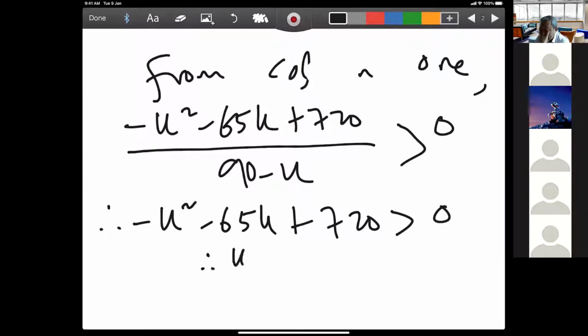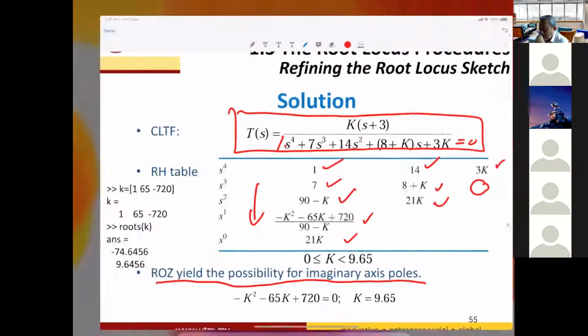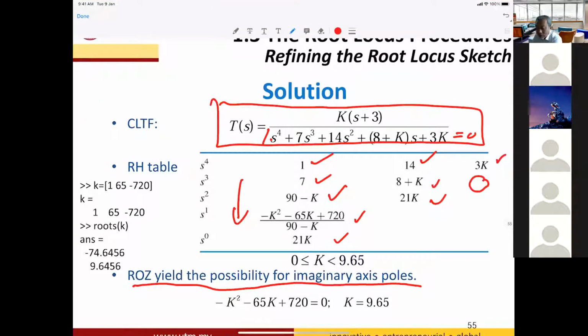What is the value of K? The value of K will have two values, isn't it? Yes, doctor. 9.645 and negative 74.645. I'm using MATLAB, so I fill up the polynomial here and then find the roots.